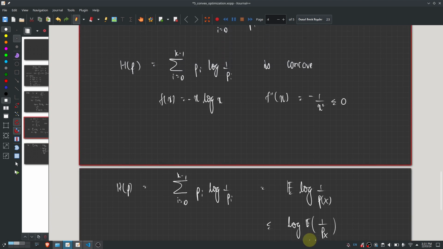F double dash of x. So this is minus x log x, correct? So this is equal to minus of 1 plus log x. Oh, sorry, it's not 1 minus 1 by x square, it should just be minus 1 by x.